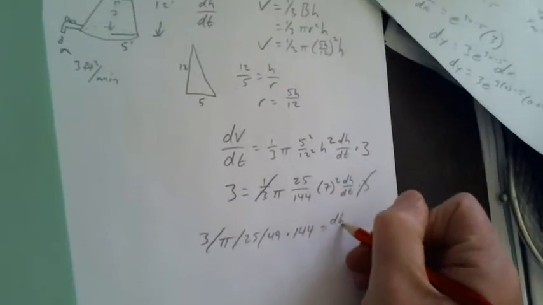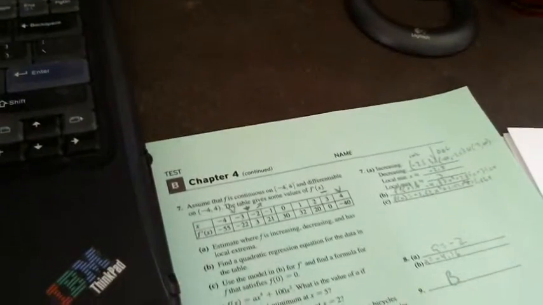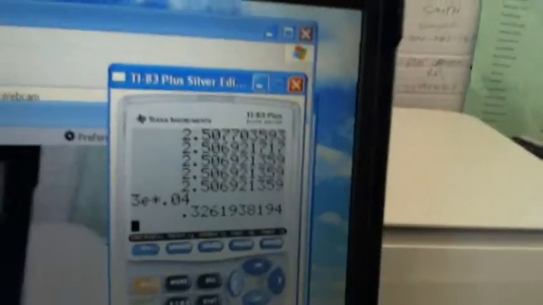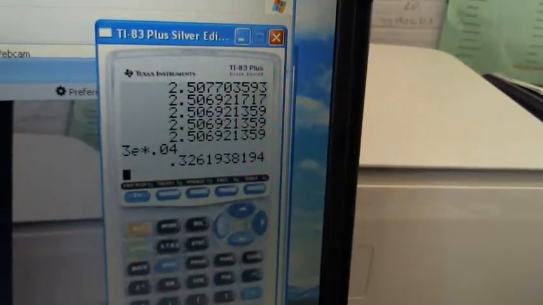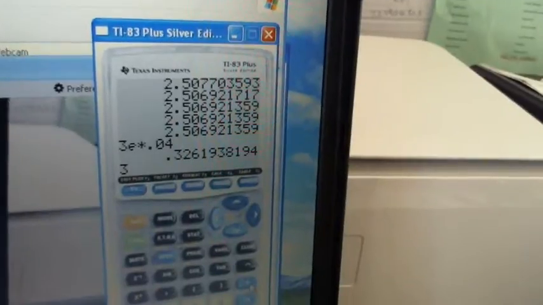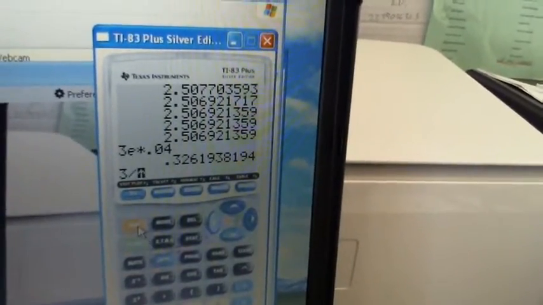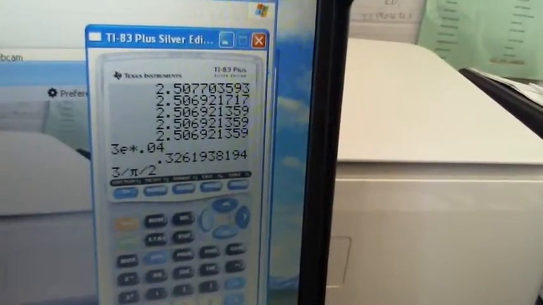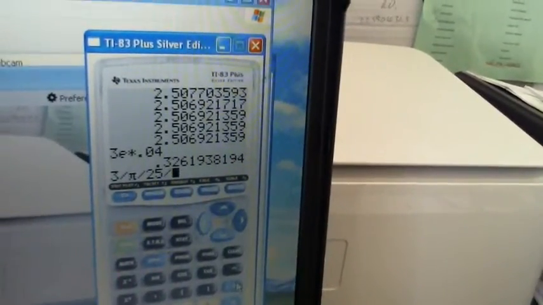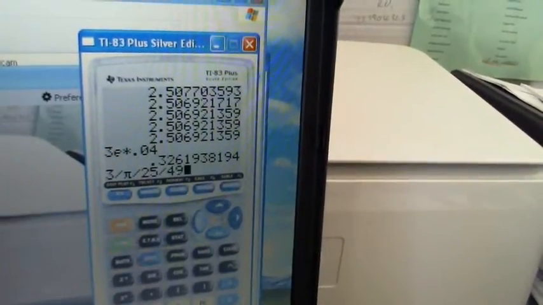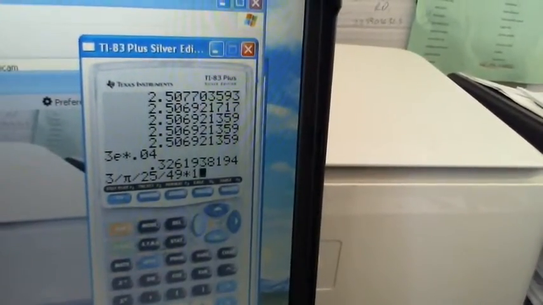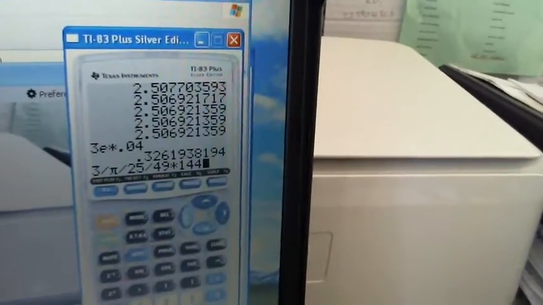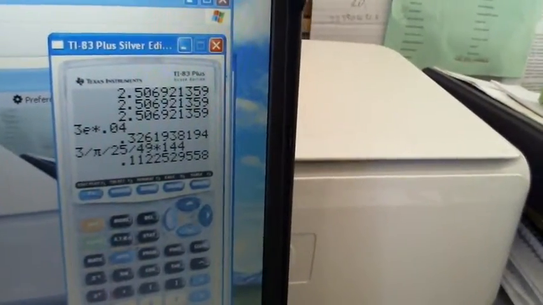We should get dh/dt. And we get 0.11225, etc.